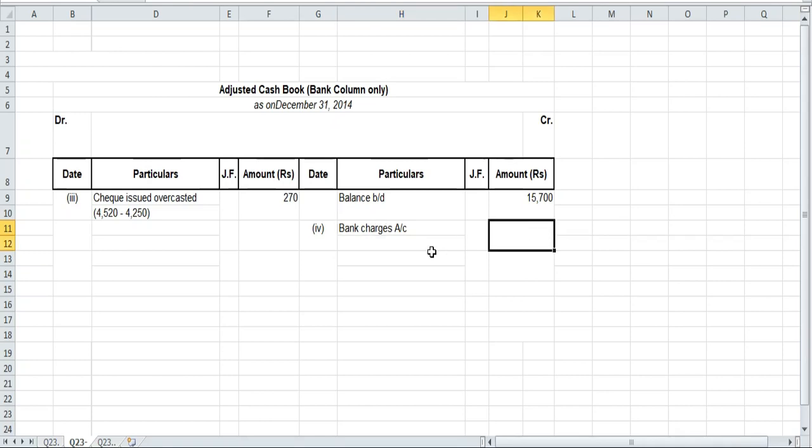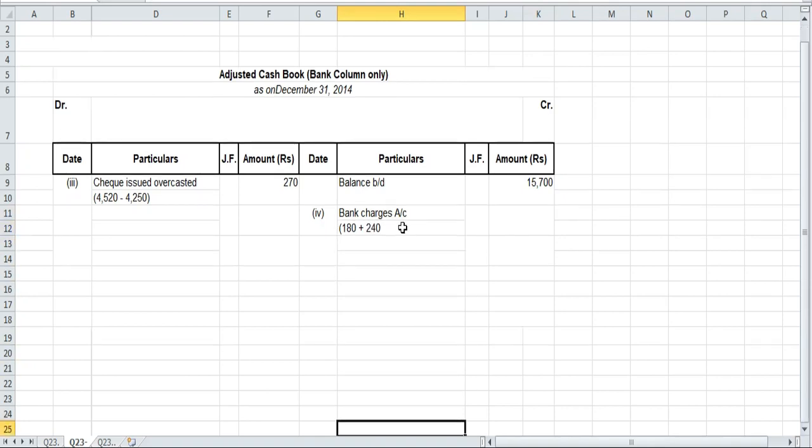And then here we'll have 2 bank charges are there. One is for the month of November, that is rupees 180, and other one is rupees 240, that is the month of December. Okay, and then we'll write here the amount total is coming to 420.